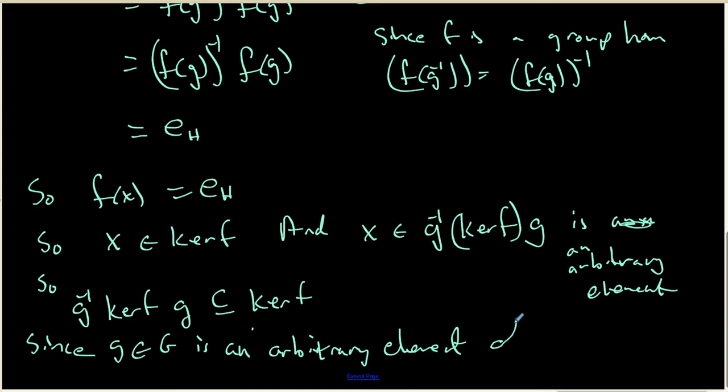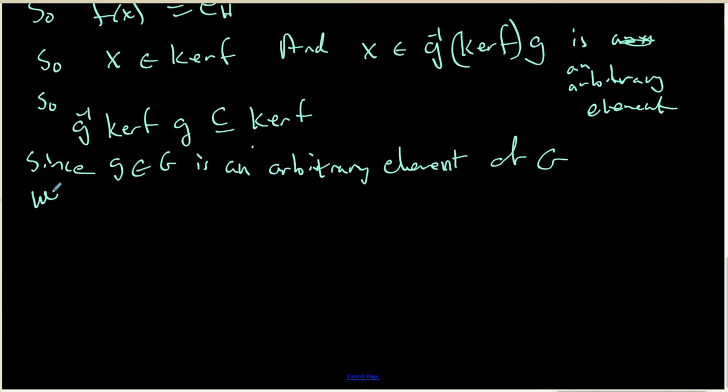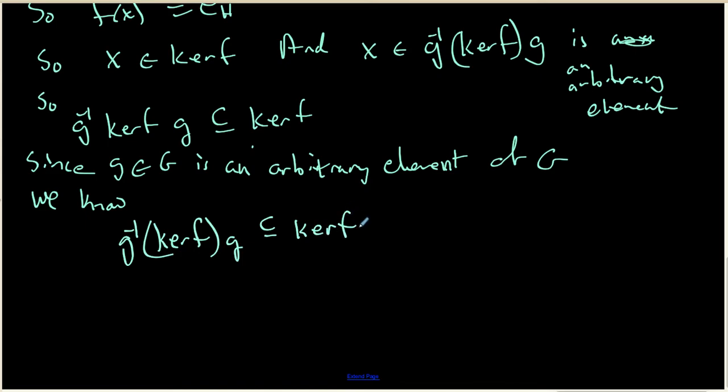Element of G, and that looks weird. Since little g is an arbitrary element of capital G, we know that this arbitrary conjugate subgroup is always going to be a subset of the kernel.